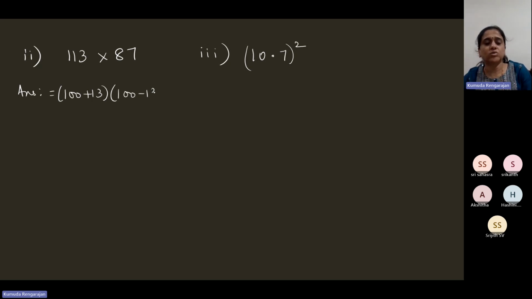Perfect. So this is of which form? This is of the form a plus b into a minus b, right? Yes, ma'am. So what's the answer? 100 squared minus 13 squared. Correct.